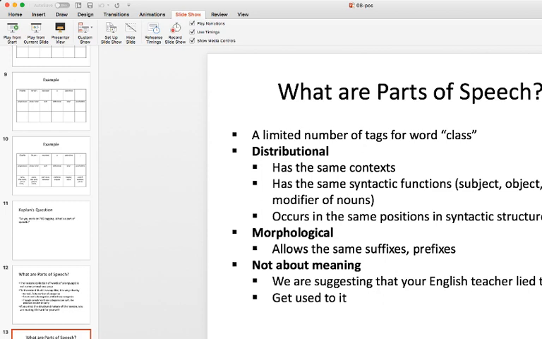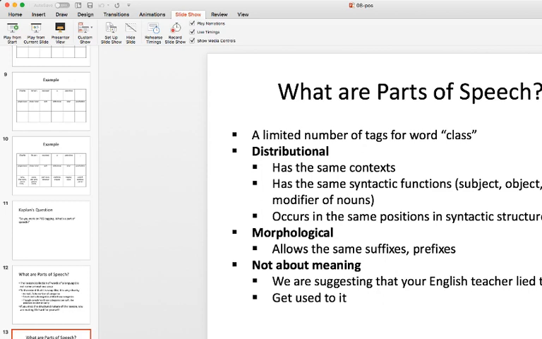What were the parts of speech that you were taught when you were learning English as a second language, or when you were learning how to use English as a first language speaker, for the relatively few of you for whom English is your only first language?